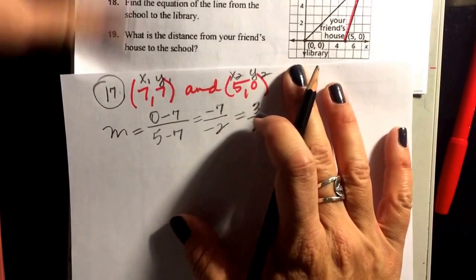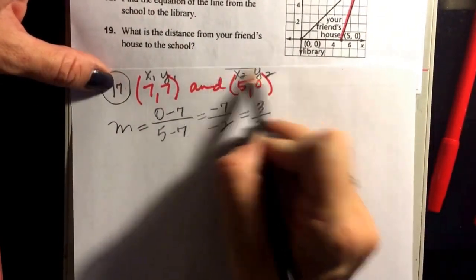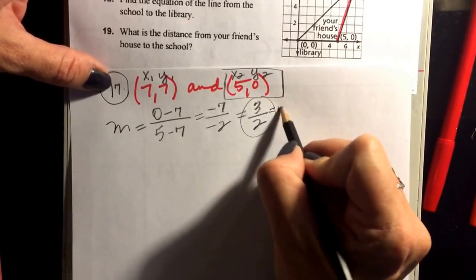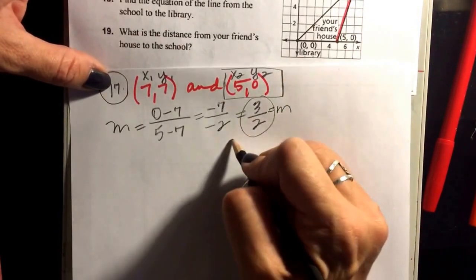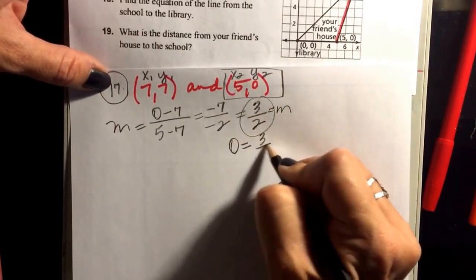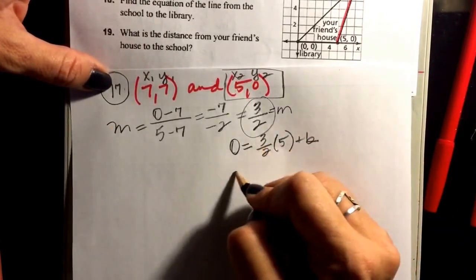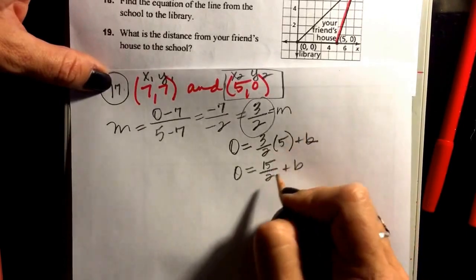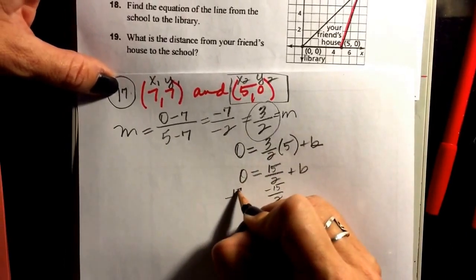Let me go and use a point in order to find the y-intercept. I'm going to use this as my m, 3/2, and I'm going to pick up this point and set it into y equals mx plus b again. 0 equals 15 halves plus b. That's 7.5. I'm going to take away 7.5 from both sides.